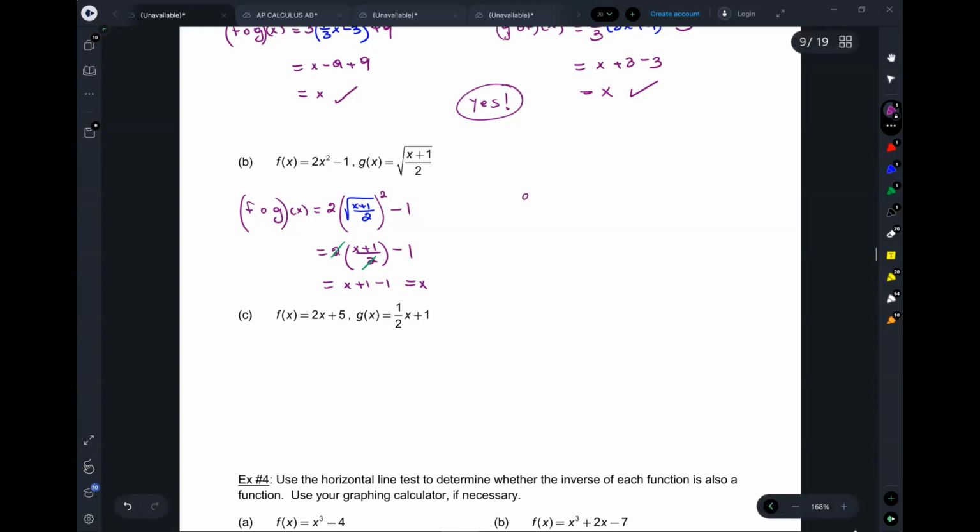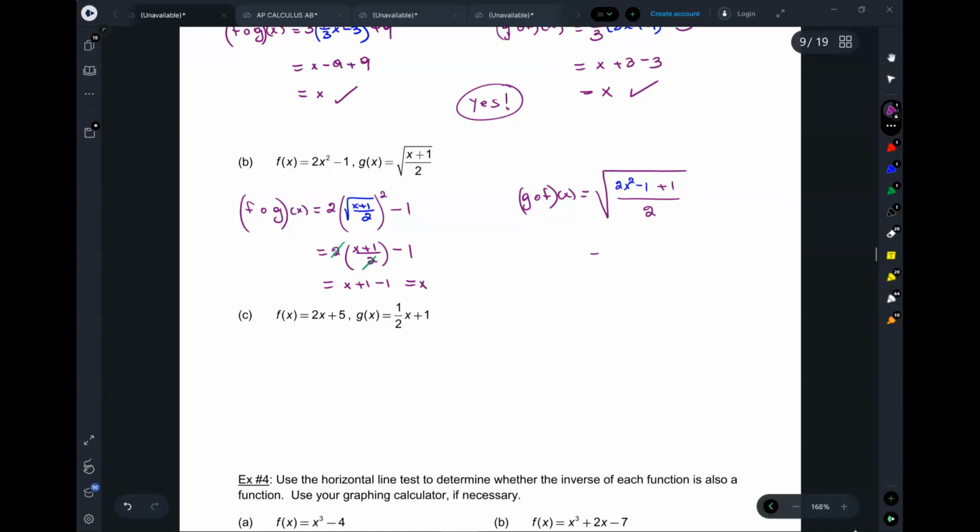Okay, so g of f of x. Now I put f inside of g. So I have a square root, and f is 2x squared minus 1 plus 1 over 2.